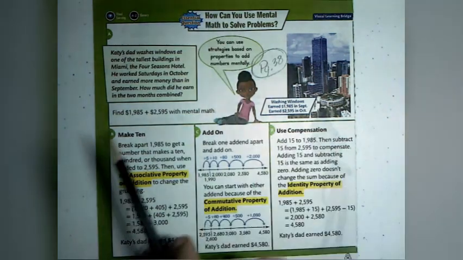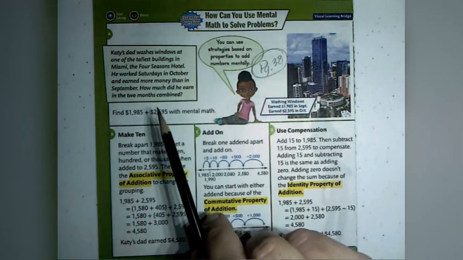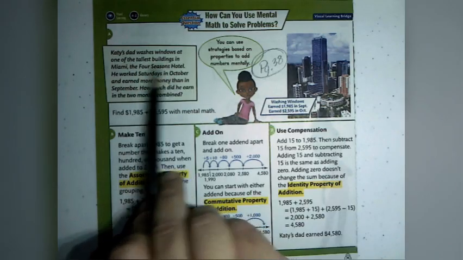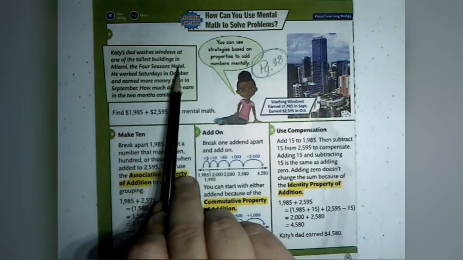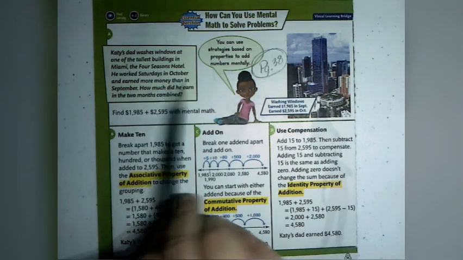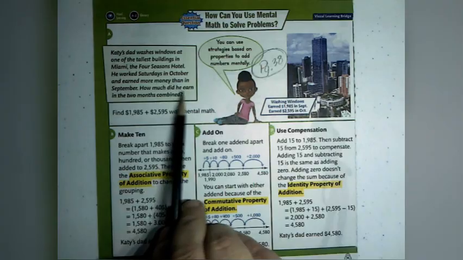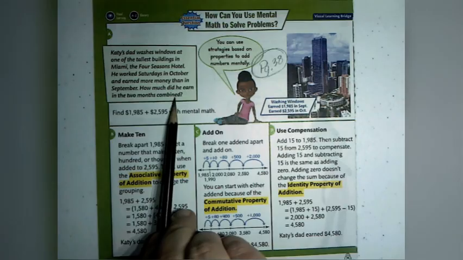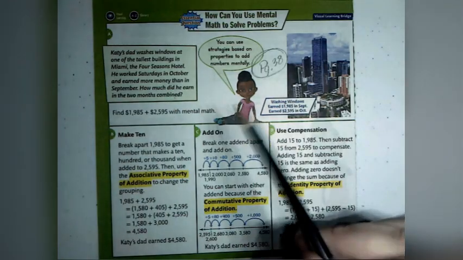It says, how can you use mental math to solve problems? Katie's dad washes windows at one of the tallest buildings in Miami, the Four Seasons Hotel. He worked Saturdays in October and earned more money than in September. How much did he earn in the 2 months combined? Well, when we see the word combined, that tells us this is going to be an addition problem.